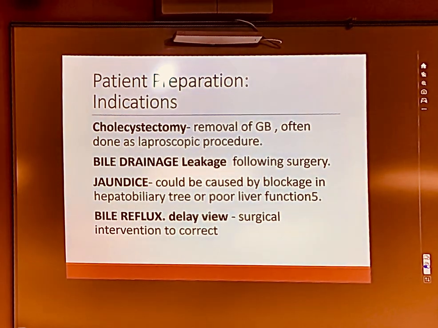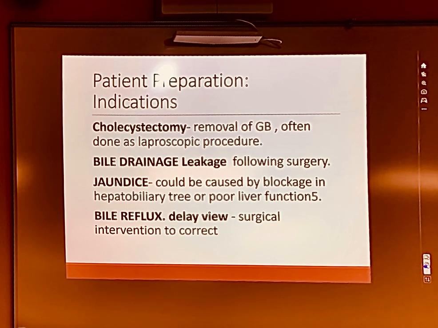So then you have a condition called jaundice. Jaundice is either a function of poor liver function or severe blockage in the hepatobiliary tree. You will be able to tell that your patient has jaundice because the whites of their eyes are yellow. Their skin is yellow.